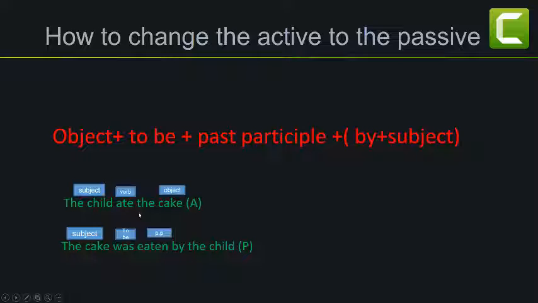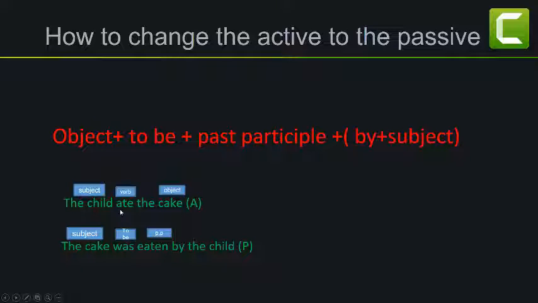To change an active sentence into passive, first we should move the object to the first place. And we put the object, the cake, as a subject. Then we use the verb to be in appropriate form.